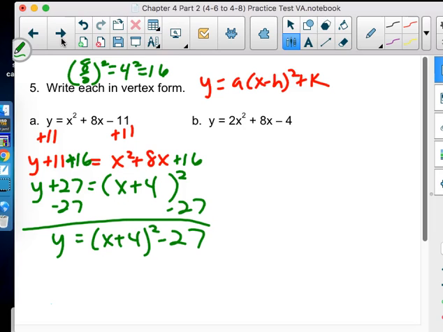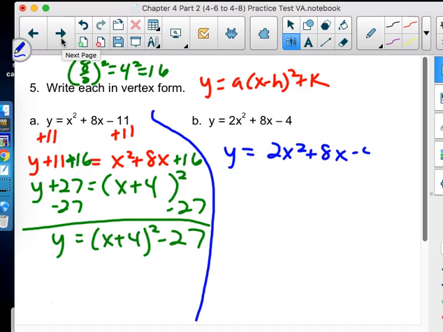All right, let's look at B. This one looks a little harder. What was the first step with all of them that we've done so far, except one? Okay, it does have to have a 1. Now, we can do this two ways. We could divide everything by 2 first, and then move, well, it'll be a -2 at that point.